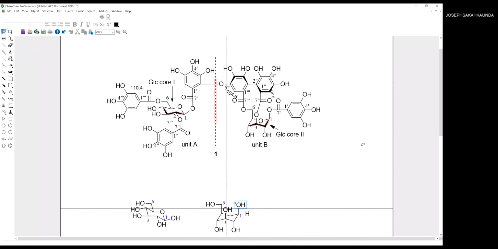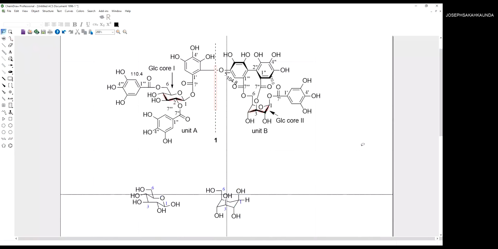Okay. So even without going into the finer details of knowing the value of this proton, the chemical shift value, this and that, I said, first of all, put your glucose together. There are two.